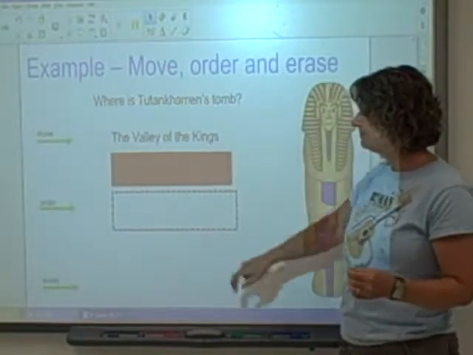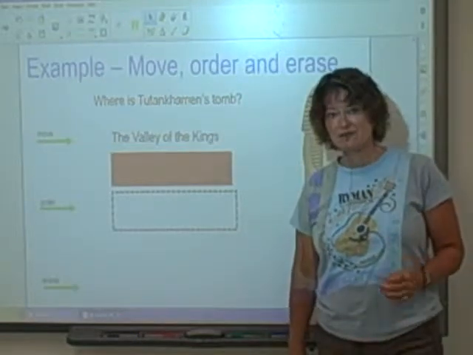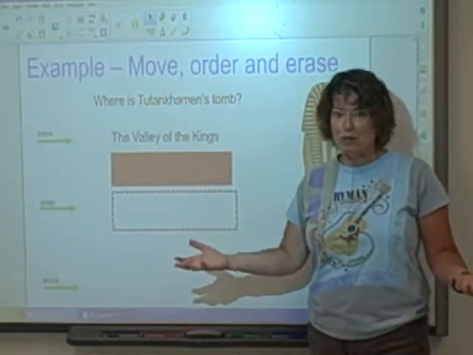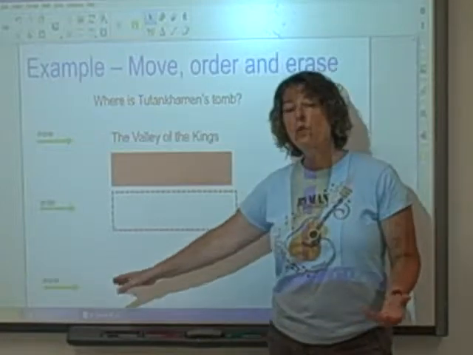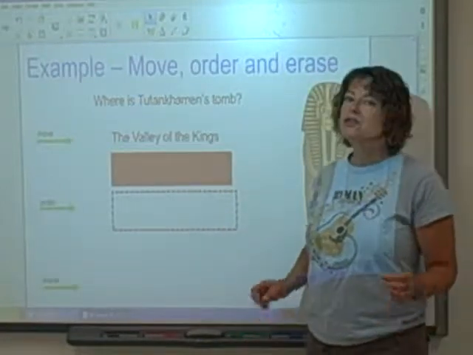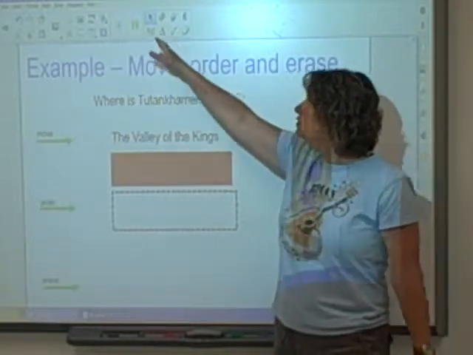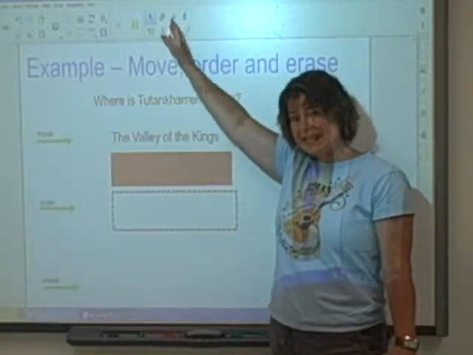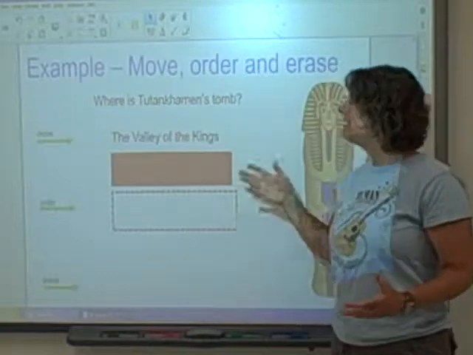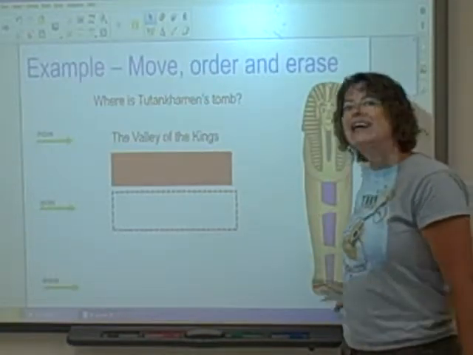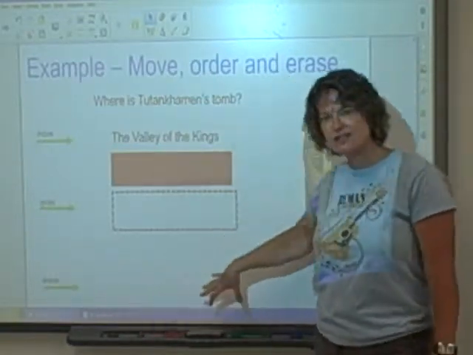In erase and reveal, we're going to erase this area in order to reveal our answer. So what we've done is we've created a text box. Then from our tools palette, we've selected a pen, made it the same color as our background, and colored over our text.